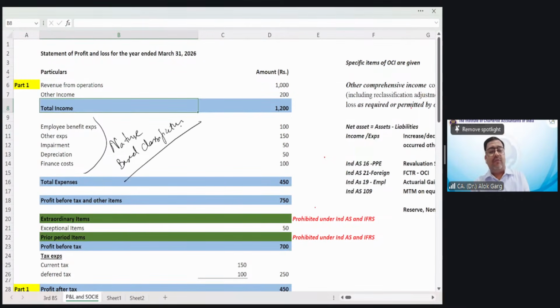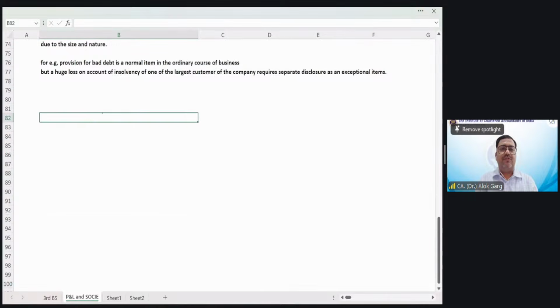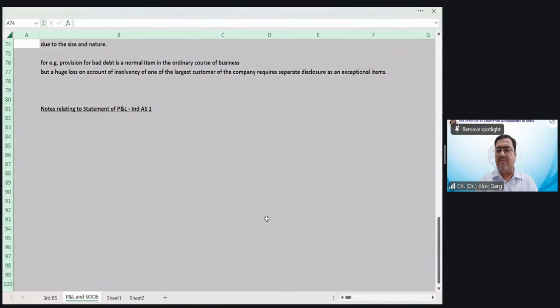Right? So if I need to prepare notes relating to the statement of P&L, Ind AS 1, should I prepare the notes for all of you? आपके लिए नोट्स बनाऊं या रहने दूं? सर इतनी अच्छी बात आप कर रहे हो, फिर आप कह रहे हो बनाऊं या रहने दूं, right?